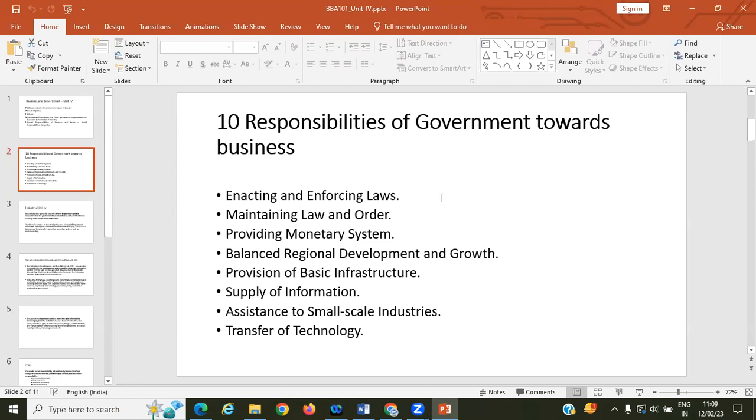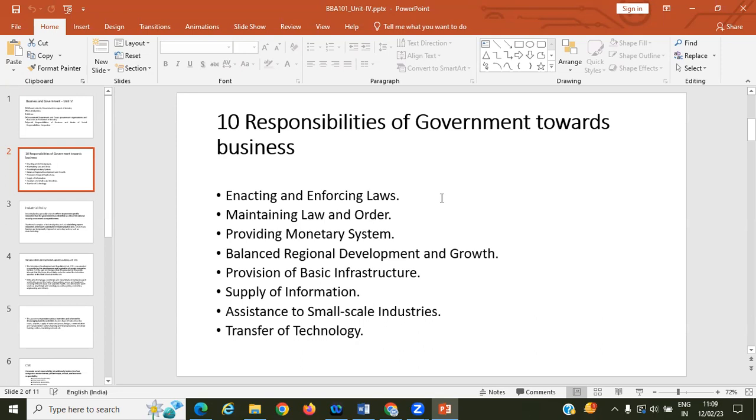maintaining law and order. To take an example, suppose you are operating a factory or business, so government is responsible to provide security to that. Like you have proper police assistance, fire assistance, medical assistance, all these things.